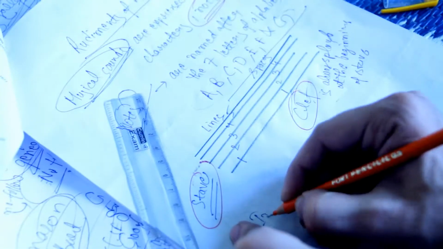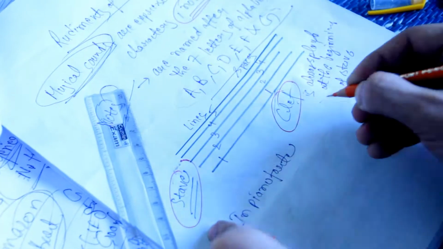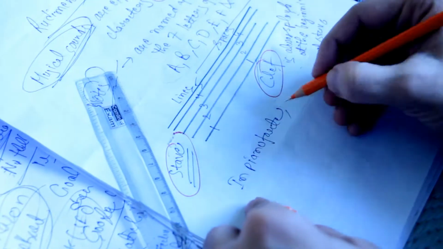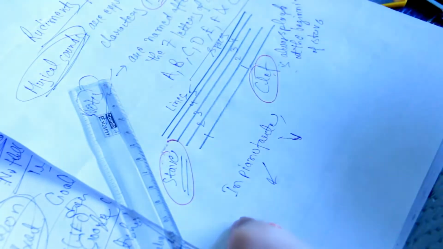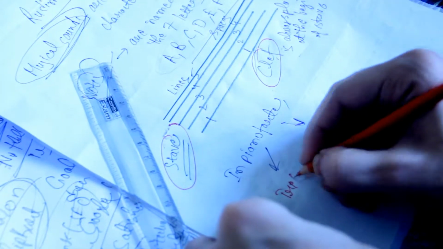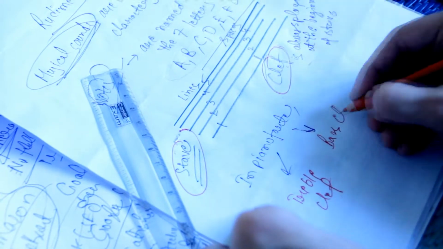In pianoforte music, because the main grammar is from piano only, although we are learning keyboards, there are basically two types of clef. One is the treble clef, another is the bass clef. Is it clear?